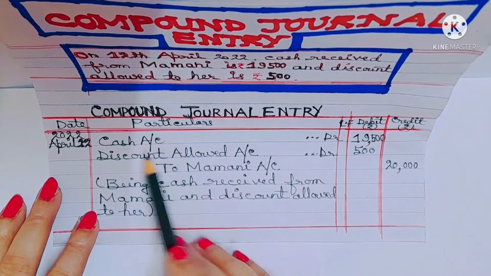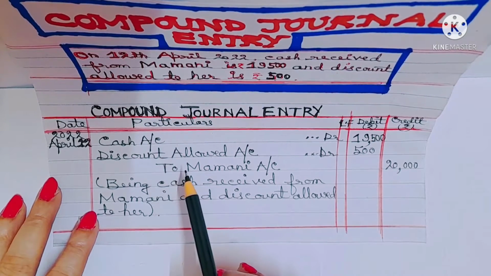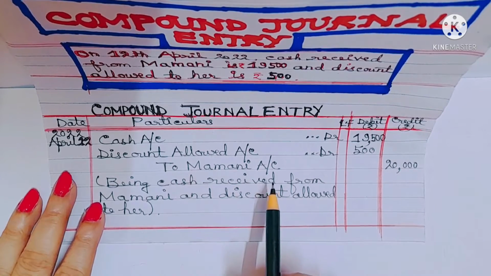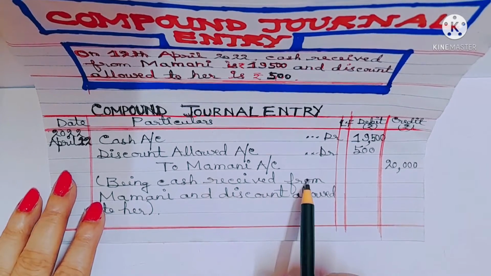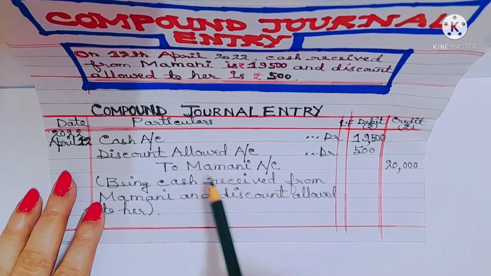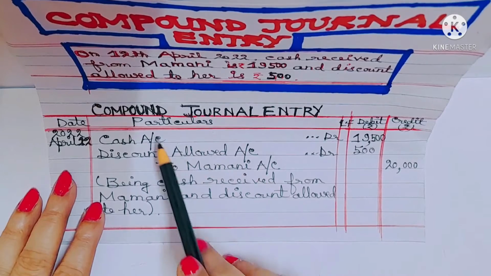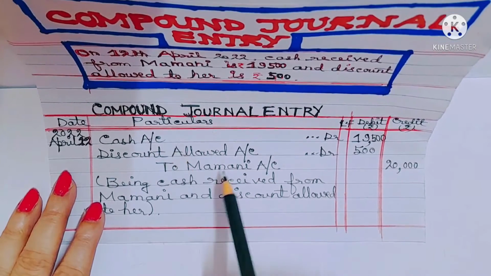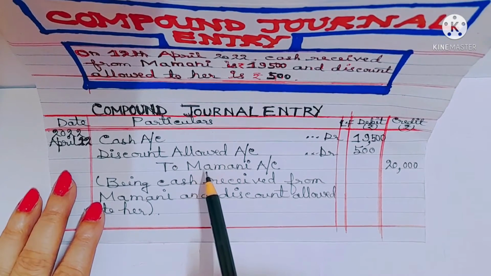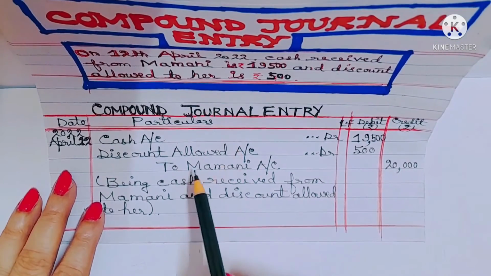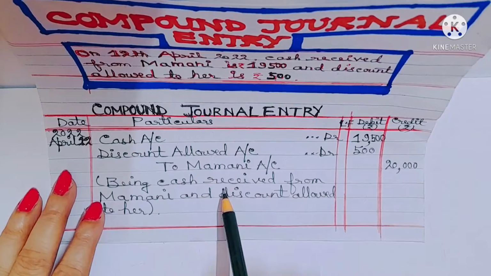When we prepare any account on the debit side in ledger posting, what do we always see? The opposite side, that is the credit side. Who is there on the credit side? Only Mamuni, just one credit. So if cash account is debit, Mamuni account will be on the debit side too in the cash account. If cash account is on the debit side, Mamuni account will be on the debit side in the cash account too.